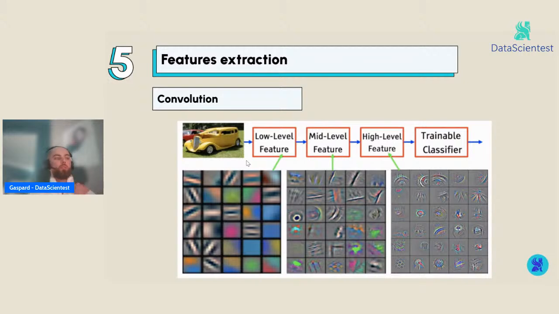And when you have a trained network that works well, the extracted features look like this. You have at first what we call low level features, just shapes like this, and at the end you will have really precise information.